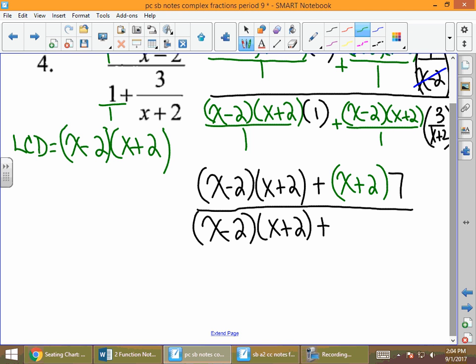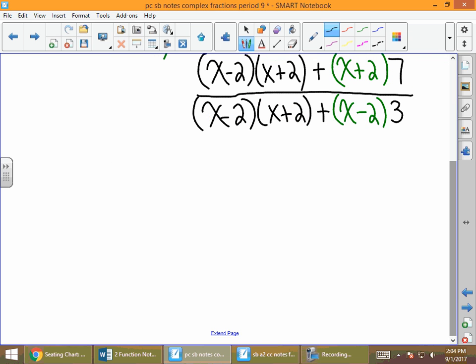Do we have anything exactly the same in the top and in the bottom? We've got an x plus 2. And we're left with x minus 2 times 3. Don't cancel anything out here. You can't cancel out these x minus 2, x plus 2 in black. They don't cancel out.